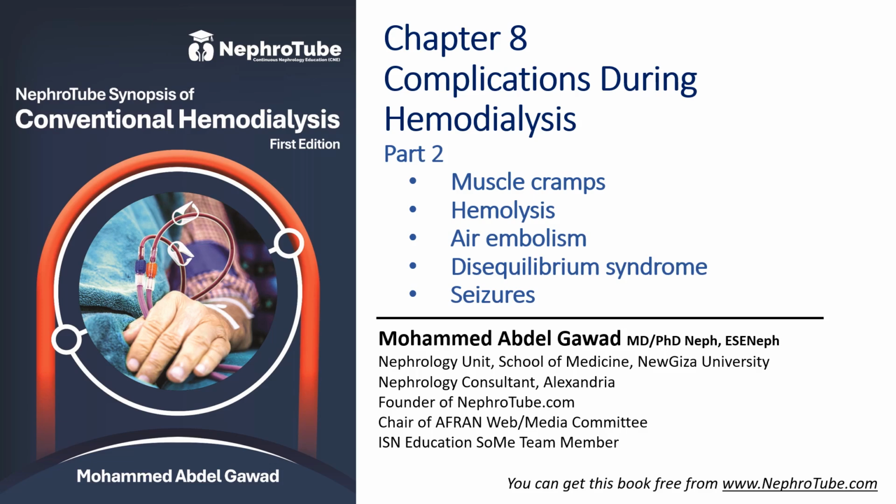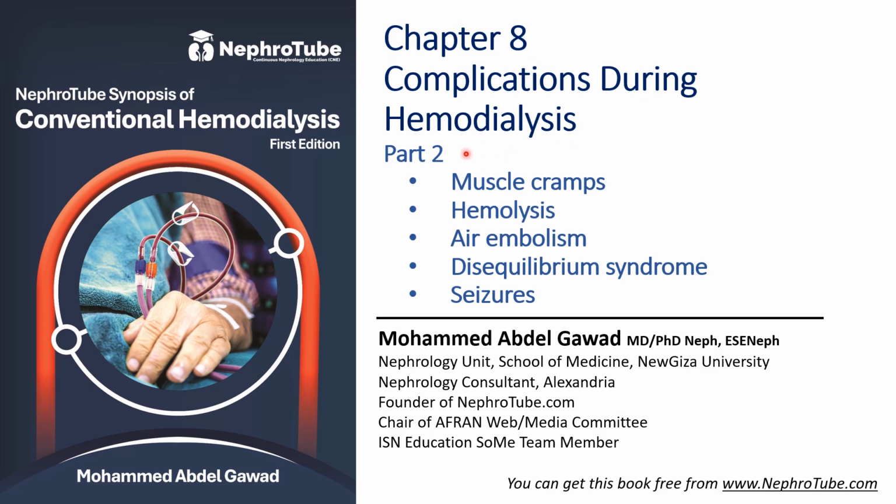In this playlist, we are discussing different chapters of the hemodialysis book, Nephrotube Synopsis of Conventional Hemodialysis. This is lecture number 9. In the previous lecture, we started discussing chapter 8, Complications during hemodialysis. The previous lecture was part 1.